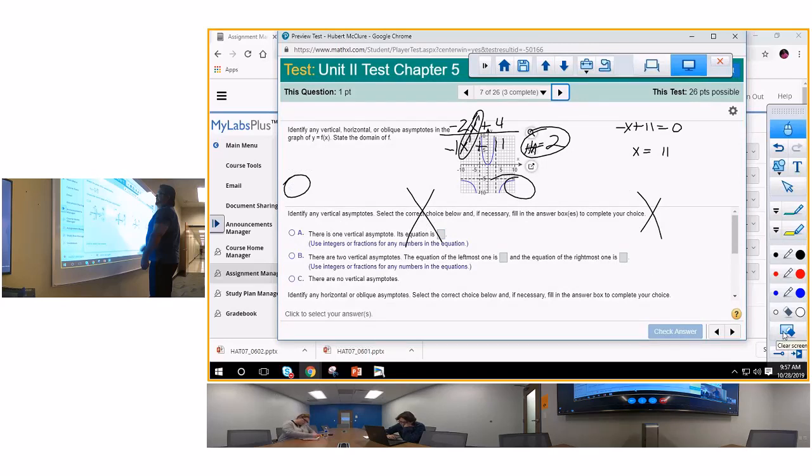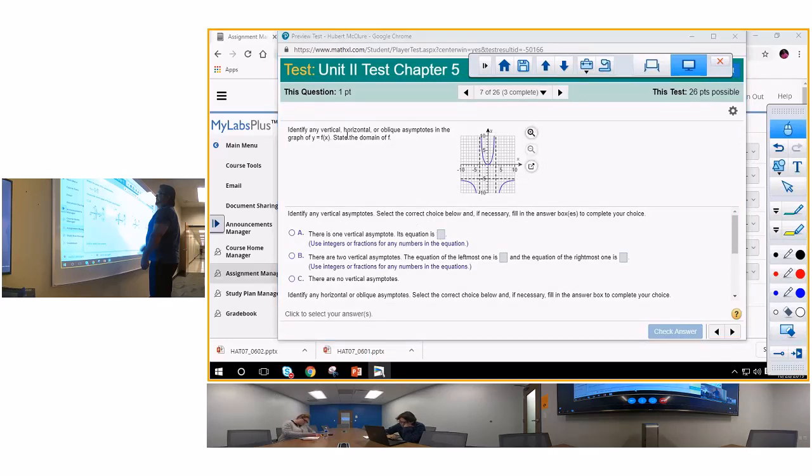Okay, let's see what this one says. Identify any vertical, okay. You got a vertical at 3 and negative 3, and a horizontal asymptote at what? Negative 5. Okay, I'm not going to go through that one. I'm not going to type that one in, but you have 2 vertical asymptotes and 1 what? What's an oblique asymptote? It'd be diagonal. What would be the equation for that?